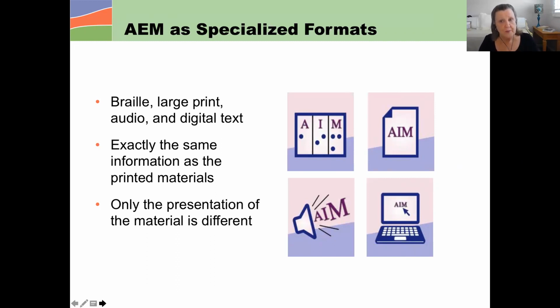If you're reading large print, you're reading visually, just like you are with regular print, only you need it bigger. Audio means that you are perceiving the information with your ears, you are reading auditorily, and then digital text is the same information again.